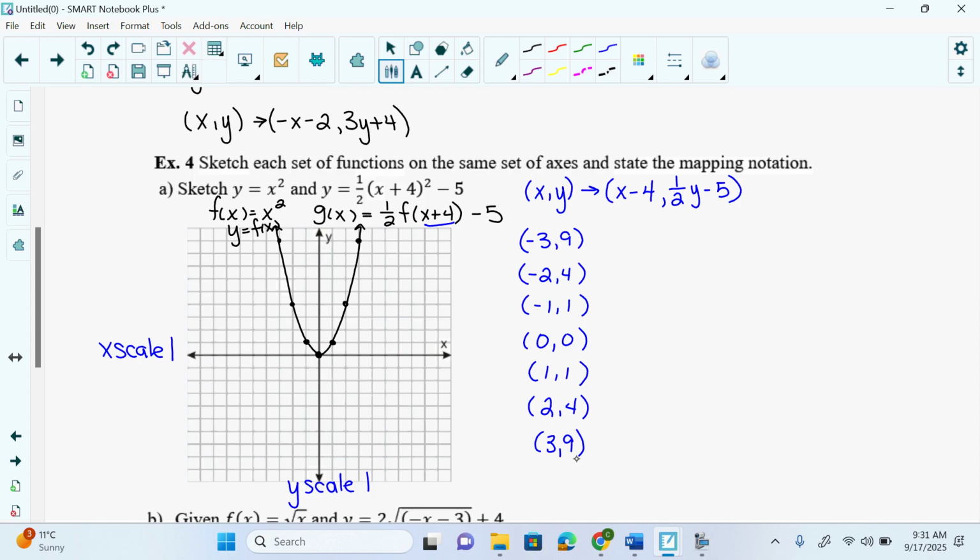All right, so let's apply it. So we're going to get -3 minus 4, 1/2 of 9 minus 5. So we're going to get -7, and 1/2 of 9 is 4.5 minus 5 is -0.5. -7 and -0.5.